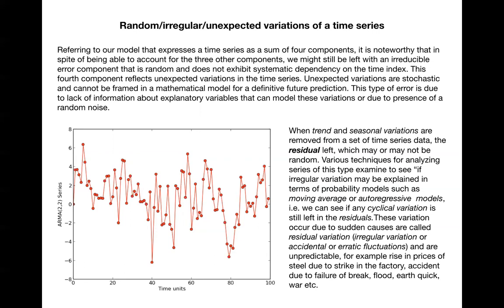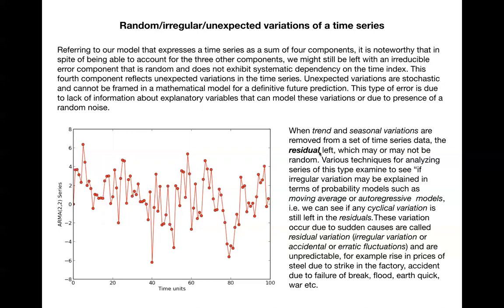Another way of defining a time series, which is the one we're going to use in this course, is that when trend and seasonal variations are removed from a set of time series data, whatever is left we call a residual, which may or may not be cyclic or random.